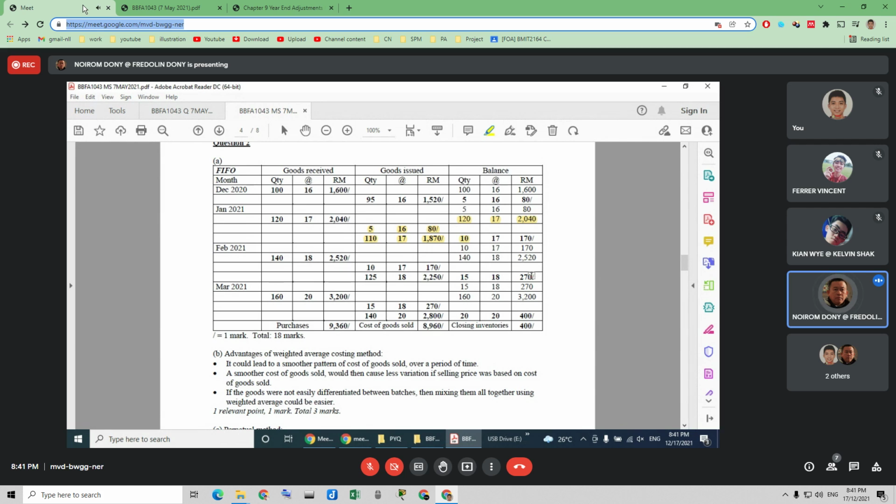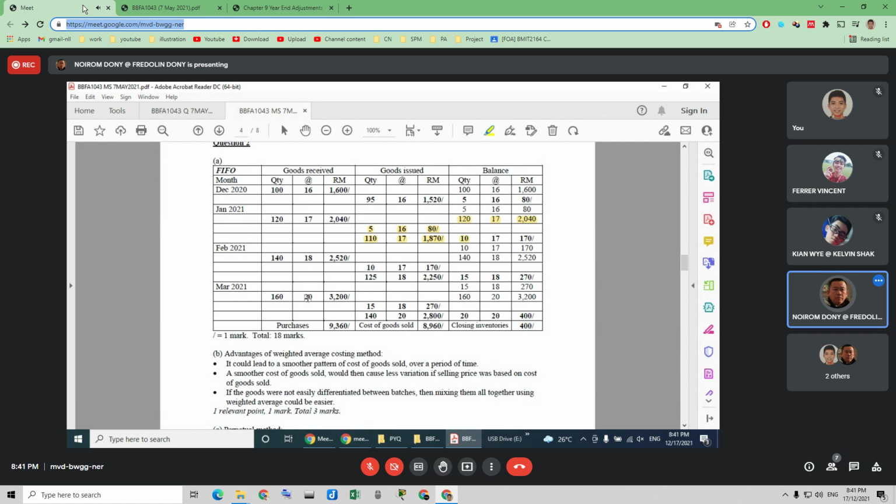Now, March. This closing balance becomes an opening balance in March. So write down 15, 18, 270. That is why on the receive, you only record on the second row. Okay, we receive 160 with the cost price of 20.